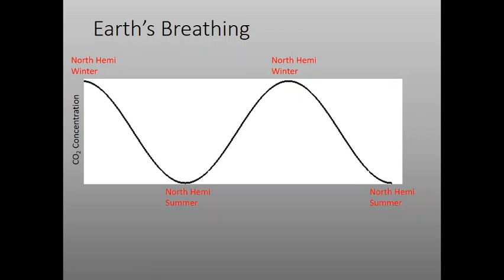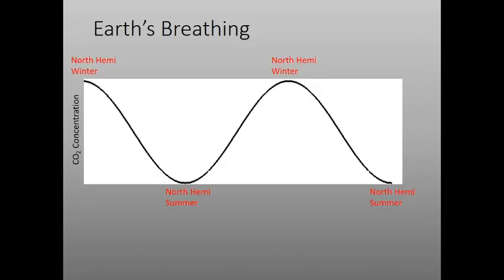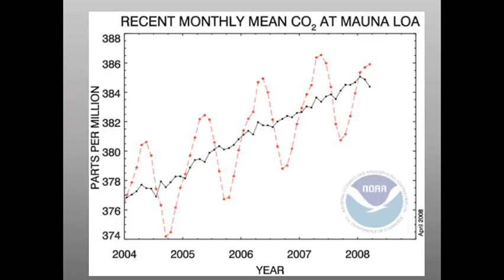Now this is what would be the pattern if we weren't burning so many fossil fuels. But we are using a bunch of oil, a bunch of coal, a bunch of natural gas, and what we see for carbon dioxide is no longer a flat oscillation, but an oscillation that is increasing.